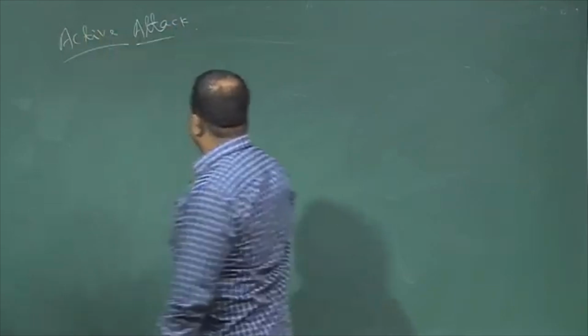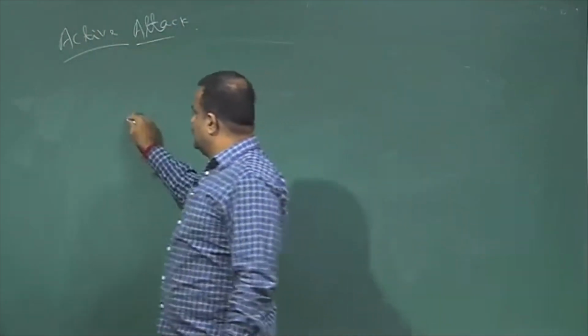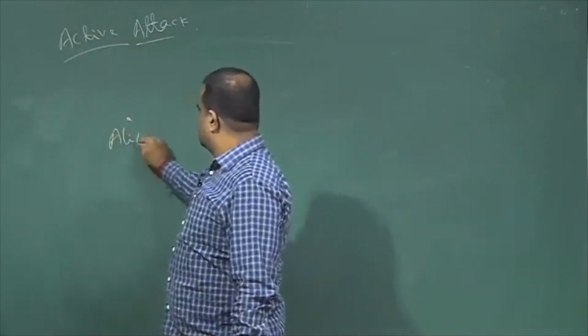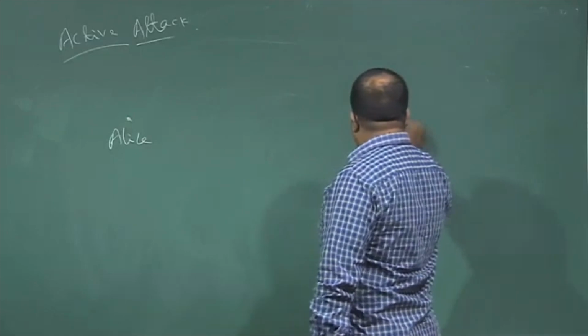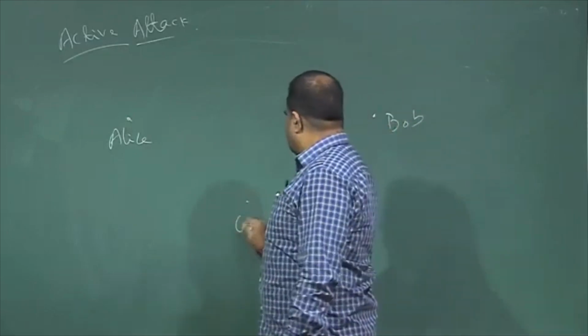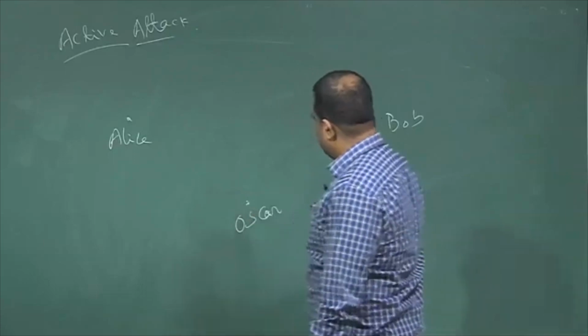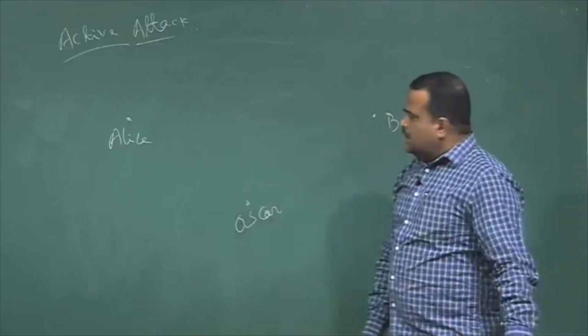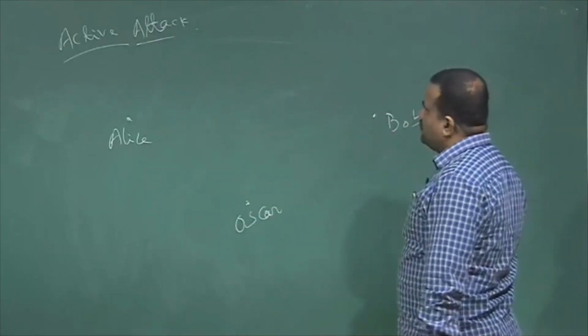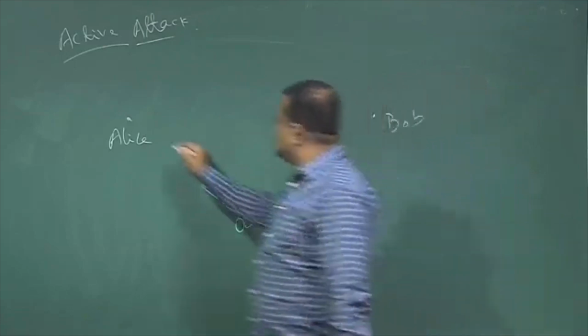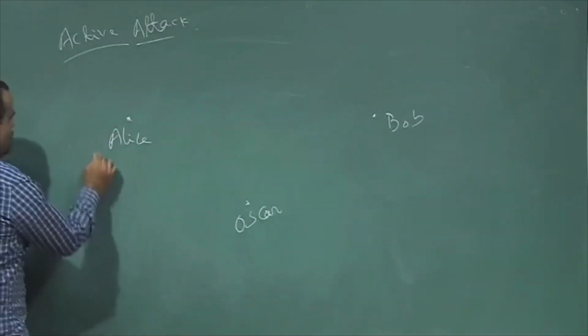So the adversary is actively participating over the public channel. Alice, Bob, now we have a third party, Oscar, who is active over this public channel. Let us write the scheme.